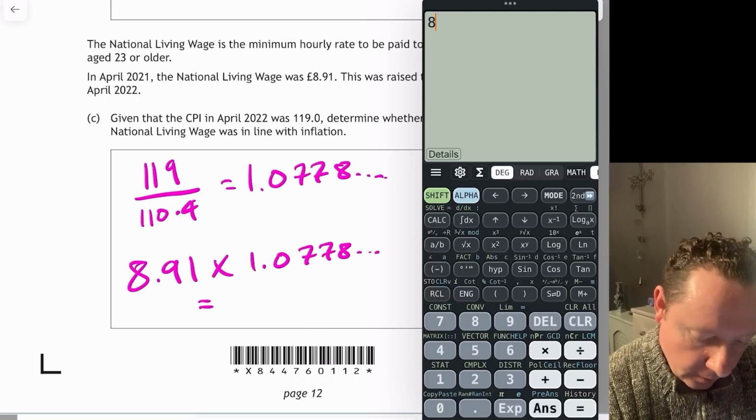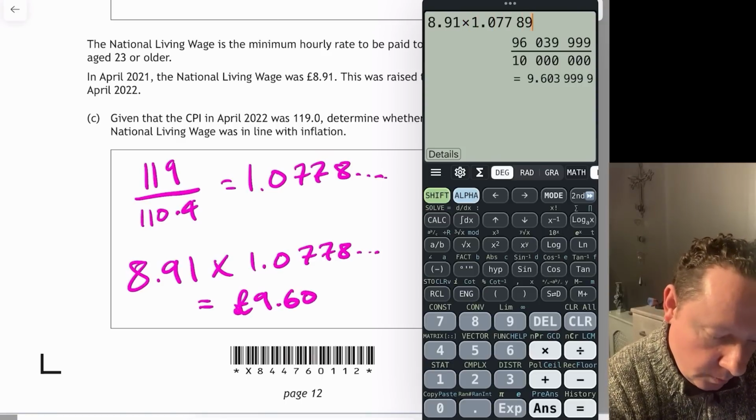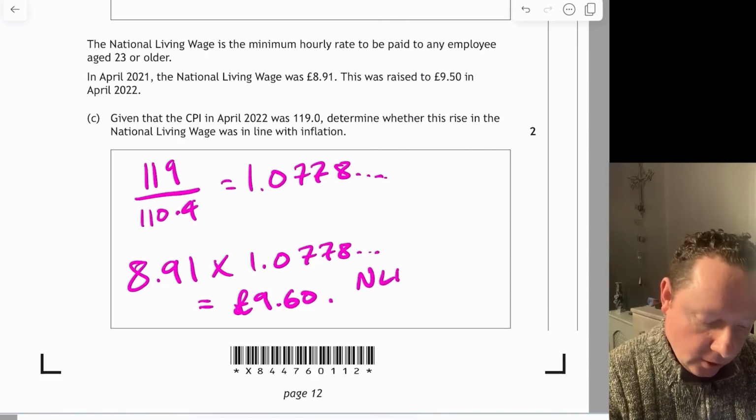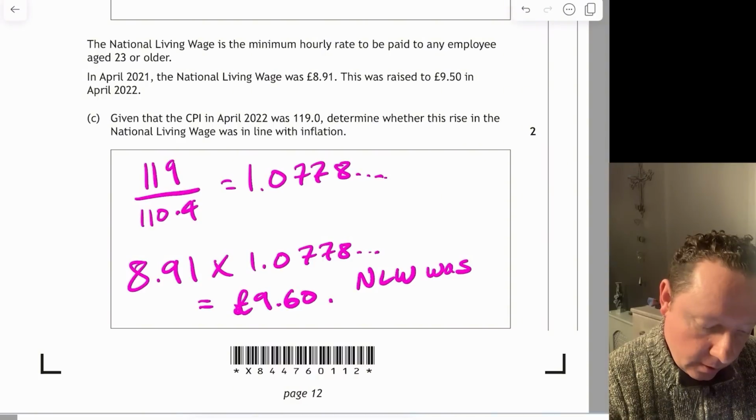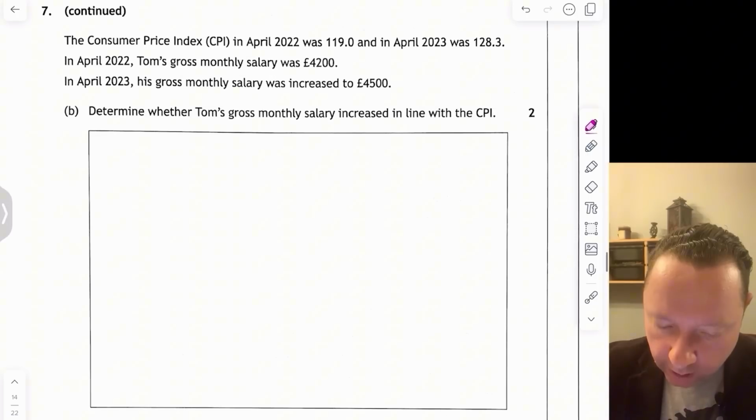So £8.91 times 1.0778 is £9.60 roughly. £9.60 is what it should be. So the national living wage was increased below inflation. And we're done there.